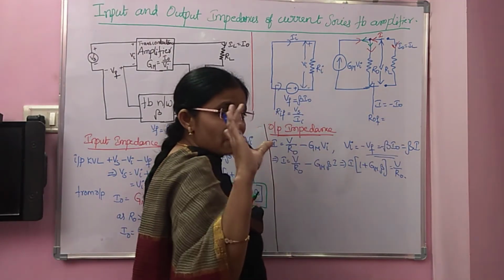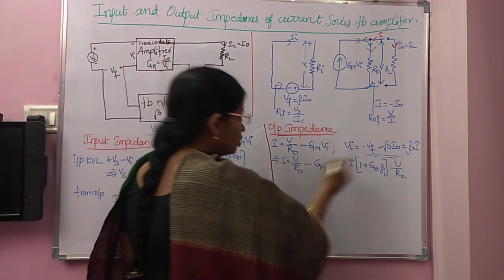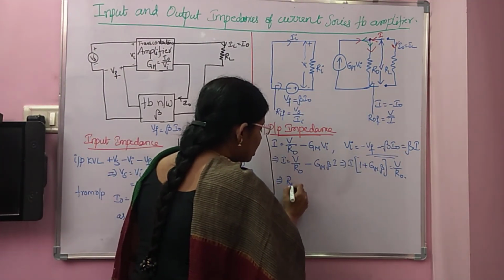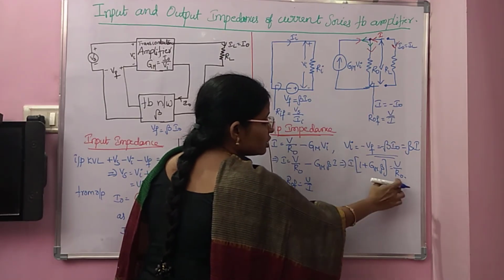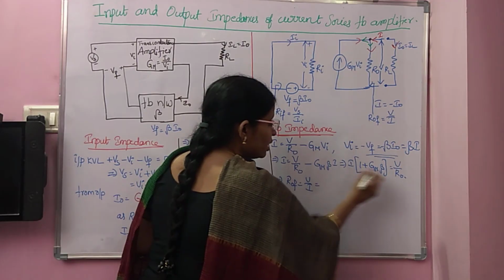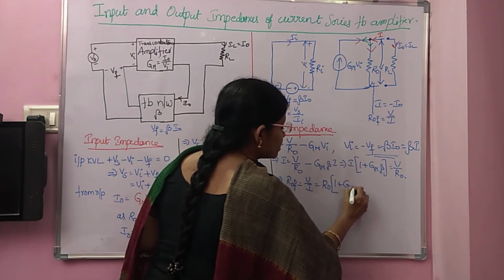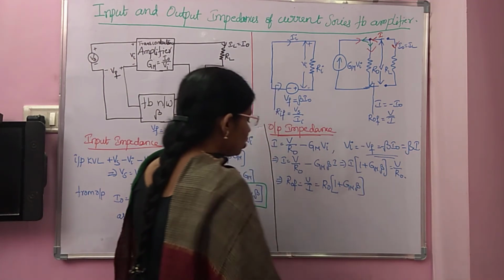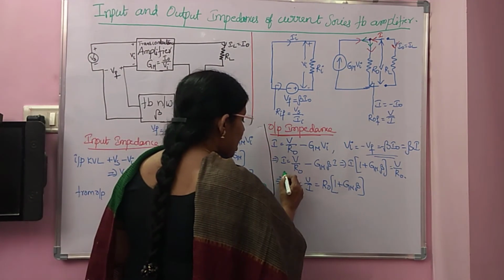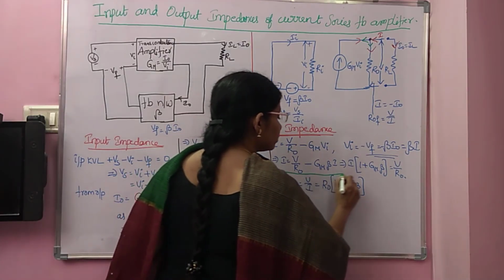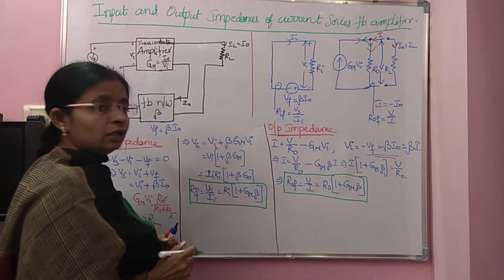That R naught F formula is V by I. So now from this, your R naught F, that is V by I, becomes R naught of 1 plus Gm beta. So R naught F is equal to R naught into 1 plus Gm beta.